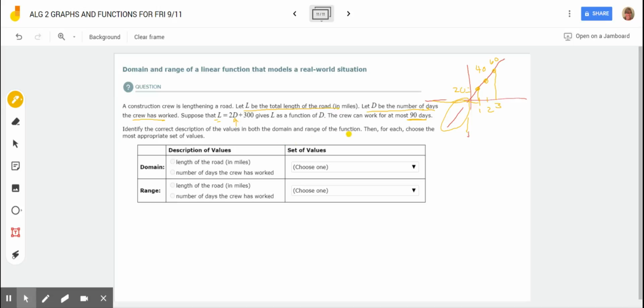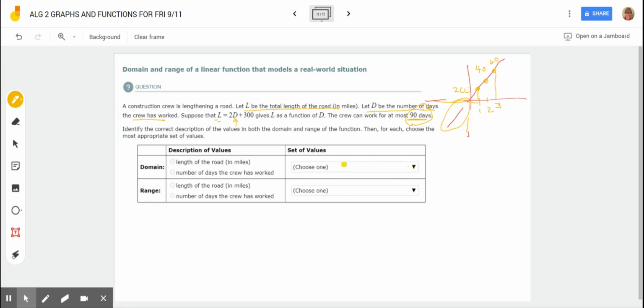Identify the correct description and the values in both the domain and range of the function. Then for each, choose the most appropriate set of values. The domain is the length of road in miles or the number of days the crew has worked. I can't see the options, but I assume it's going to give you something greater than 90 days.